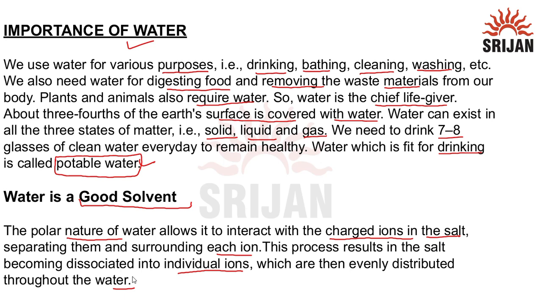That means if you dissolve something in water, suppose you dissolve the common salt, that is NaCl, in water, that is H2O. So as we know, water is a good solvent. That means this NaCl will break into Na+ and Cl- when it is dissolved in water. That's why we can say that water is a good solvent.